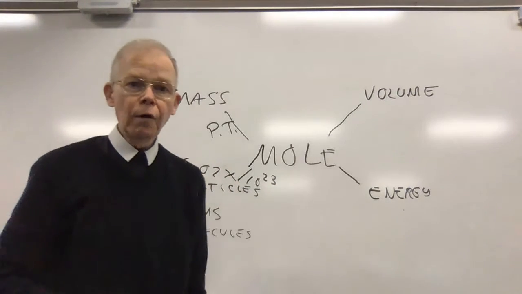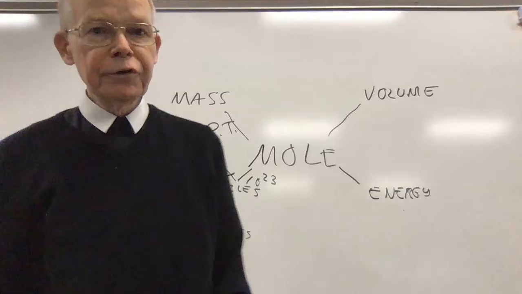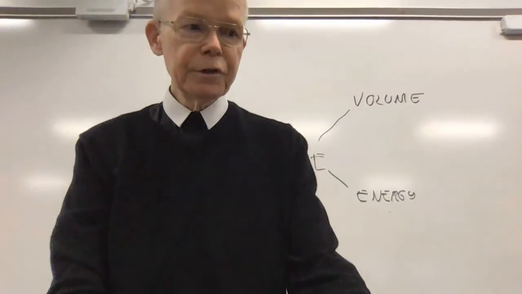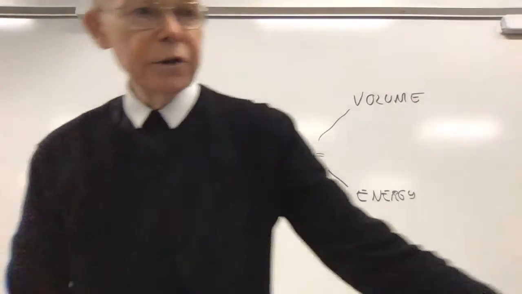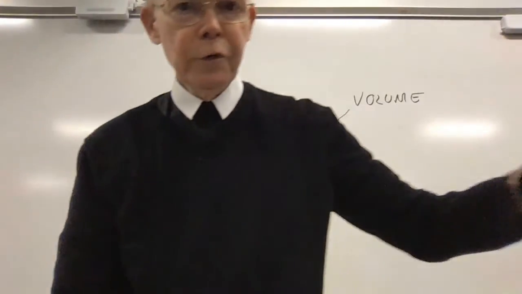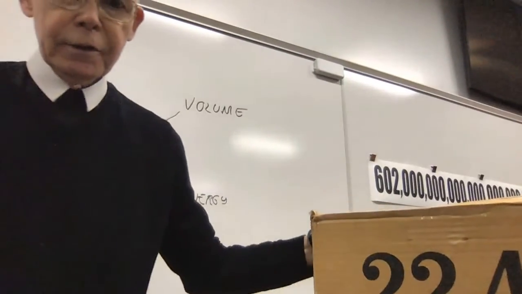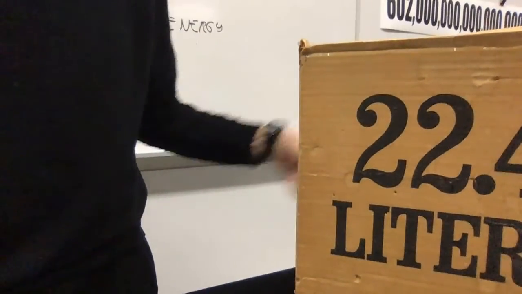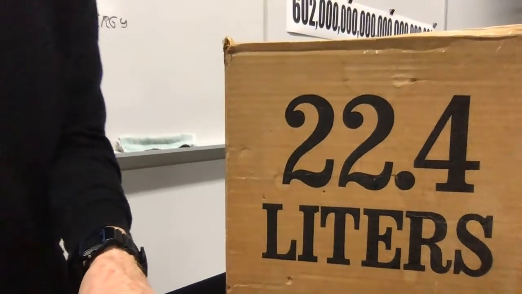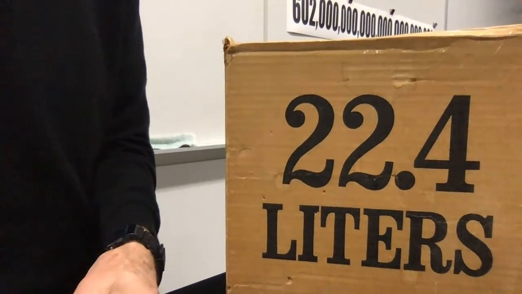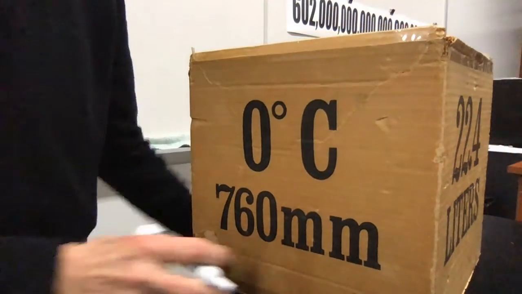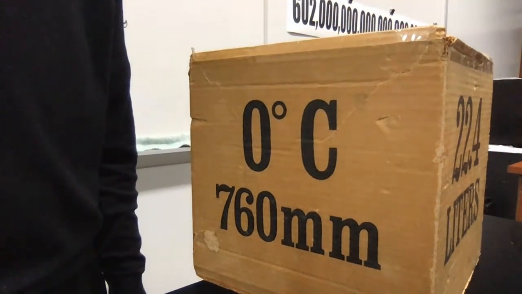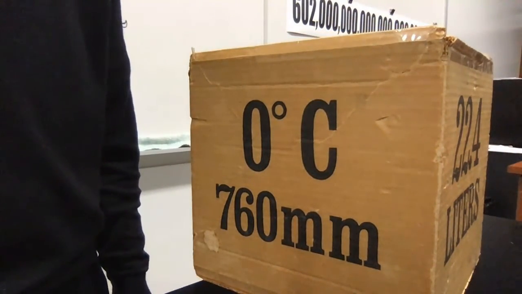And then to get to volume, this will have to deal with gaseous materials. Liquids it doesn't apply to, but you recall maybe seeing the 22.4 liter box. Well, that represents a mole of a gas at conditions of standard temperature and pressure, which I described in another video as being 0 degrees Celsius and 1 atmosphere of pressure.